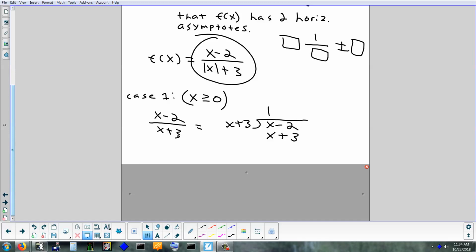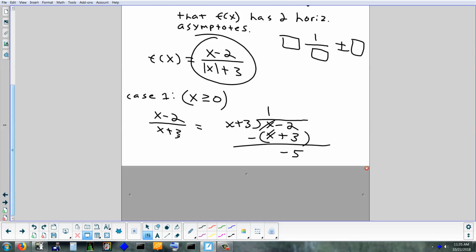All right. So now, what do you want to make sure you do with these columns? Line them up. They're lined up, and now what operation? Do we add, subtract, multiply? Subtract them. Okay, so the x's cancel. -2 minus 3 is -5. I'm done.